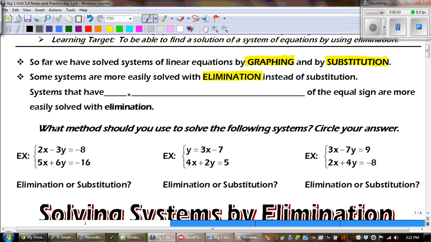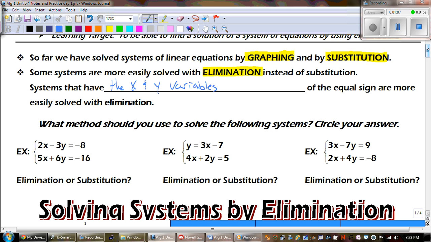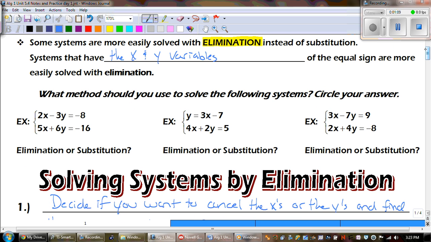And systems that have the x and y variables on the same side of the equal sign are more easily solved with elimination. Okay, so if we have the x and y on both equations, it's easier to solve with elimination.